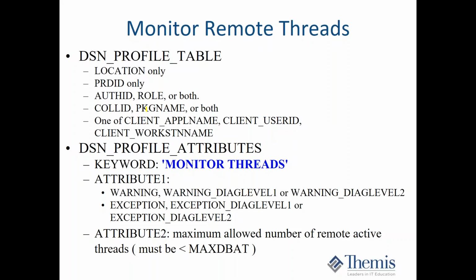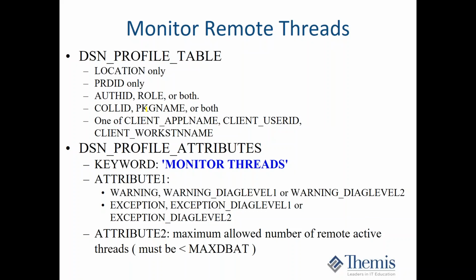So it could be client user ID or client workstation, or it could be a collection, a wildcarded collection, collection prefix asterisk, package within collection, or both. Or if you're using roles, you can say, hey, this role, if they're assigned to that role, these are the ones I want to monitor the threads.